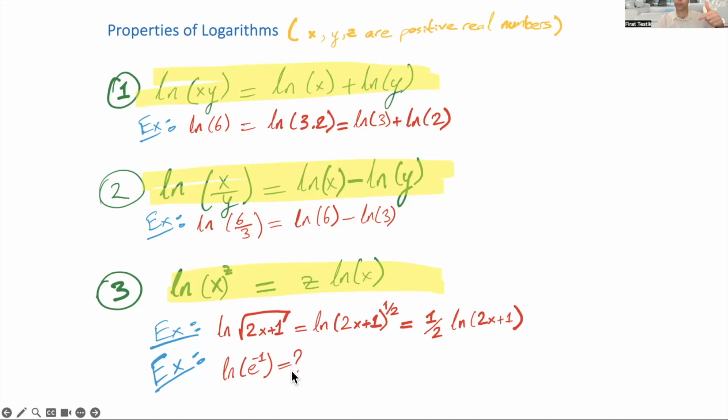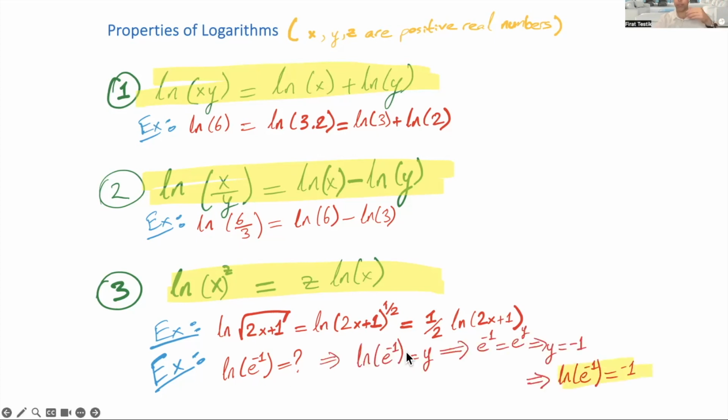But let's solve it using a little bit longer way, another alternative way. So ln e to the negative 1, consider that it's equal to y. Using the definition of the natural logarithm, we can write argument e to the negative 1 is equal to e to the power y. The right side and left sides of this equality have to hold, right?